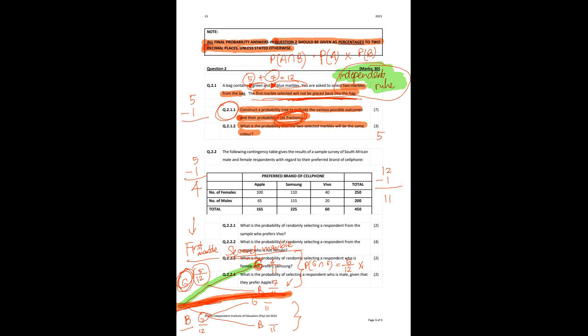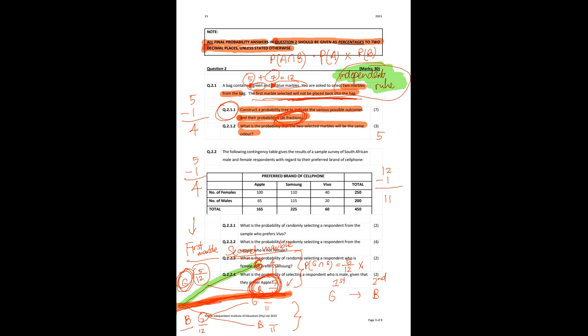So now there's only 4 green to select from because 1 green was selected the first time and it was not placed back. Then for the bottom part here, the one I'm circling, for blue, if a person selected green first, then it had no impact on how many blue were available the second time around because they chose green first. The blue would have stayed the same as it originally was. It was not touched at all. So it would still be at that 7 that it started off with.